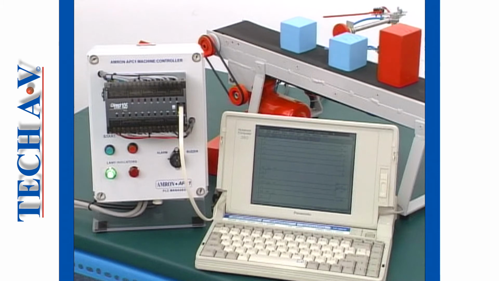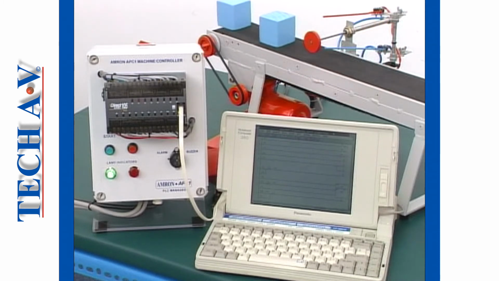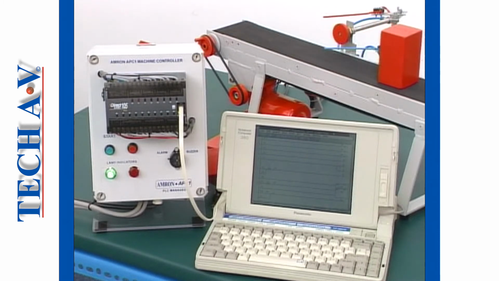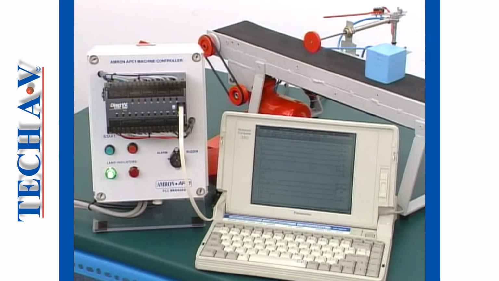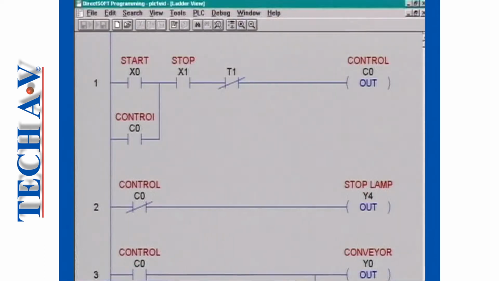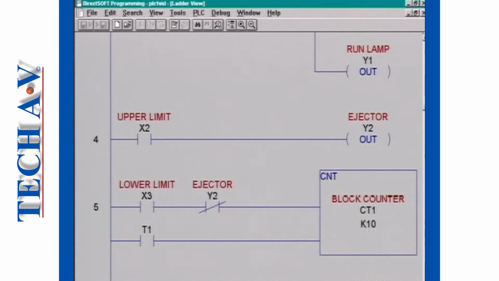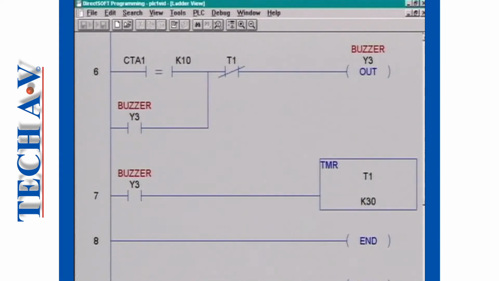We begin Module 3 having placed our block sorting machine under PLC control. This is how the PLC logic diagram and power flow of the block sorting machine appears on a computer screen. Notice that the PLC ladder logic diagram is very similar to the conventional relay ladder logic diagram, and it is these similarities which make it easier to understand the fundamentals of PLC logic.